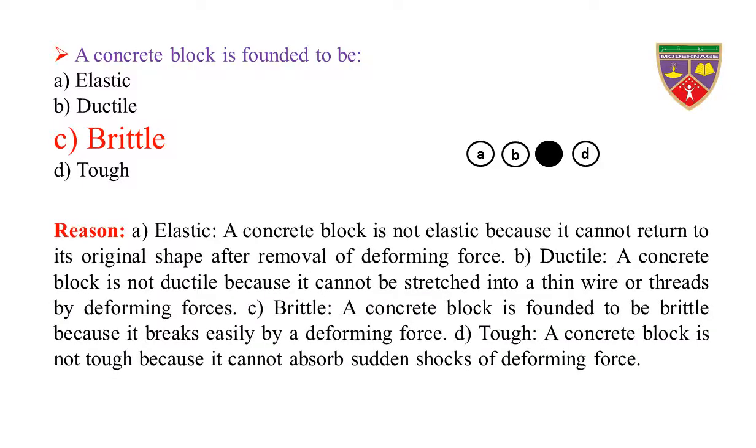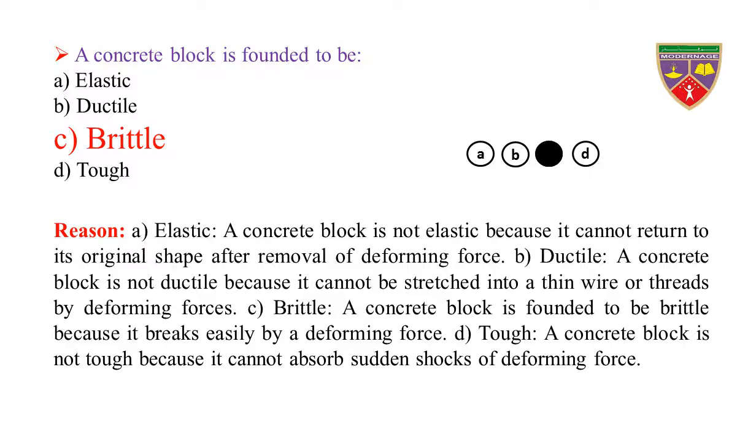Reason: A, elastic. A concrete block is not elastic because it cannot return to its original shape after removal of deforming force. B, ductile. A concrete block is not ductile because it cannot be stretched into a thin wire or threads by deforming forces. C, brittle.